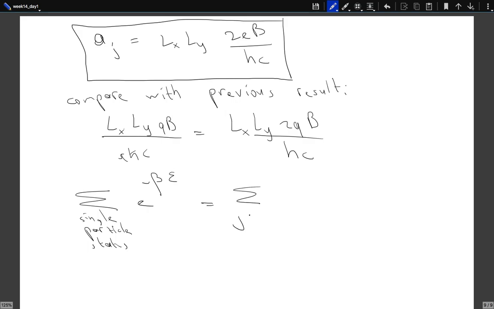This will be the sum over j from 0 to infinity, with the integral Lz dpz over h, where this is the z momentum.